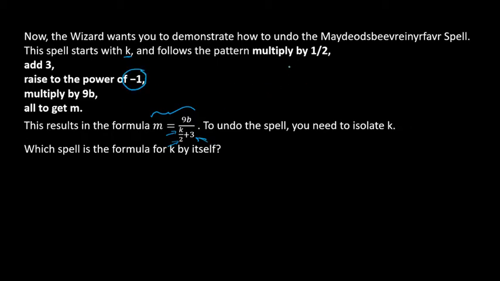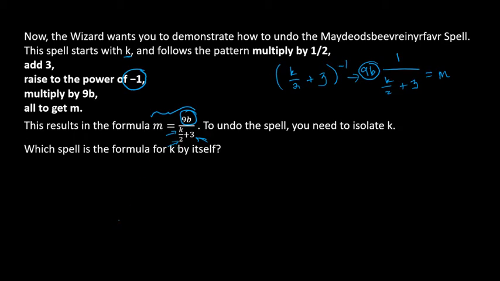So what that means is they had k, and then they had k over 2, and then k over 2 plus 3. When they raised it to the power of negative 1, it became 1 over k over 2 plus 3. Then multiply by 9b. That's how 9b ended up in the numerator. If I put a 9b right there, that's an equivalent expression. And it says all to get m, so we said equal to m.